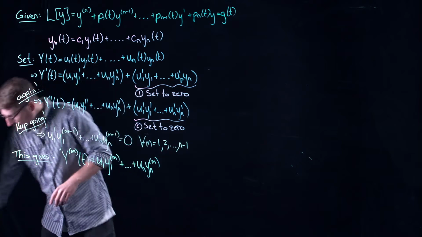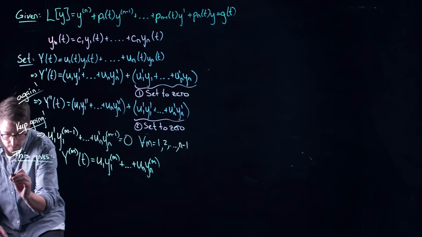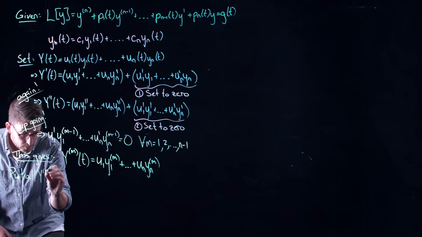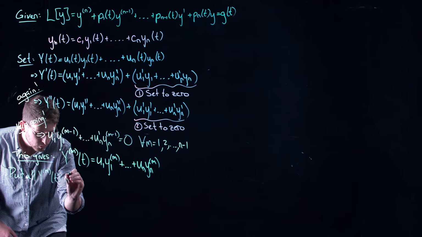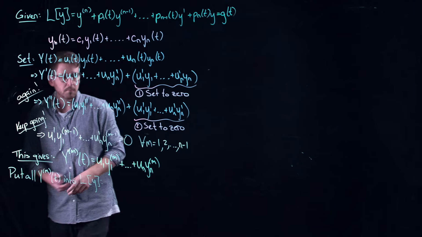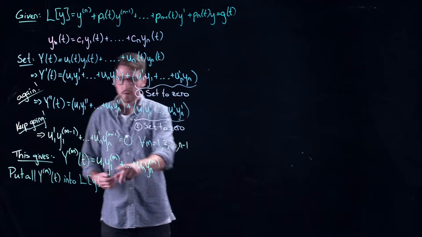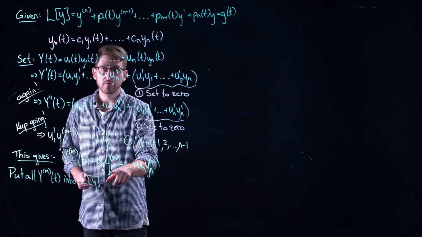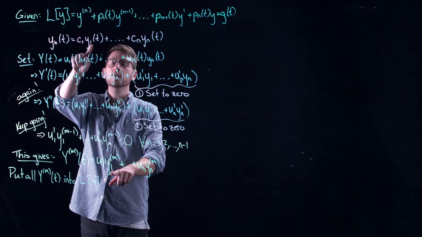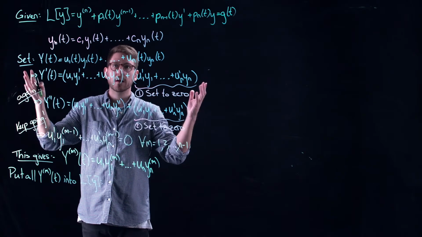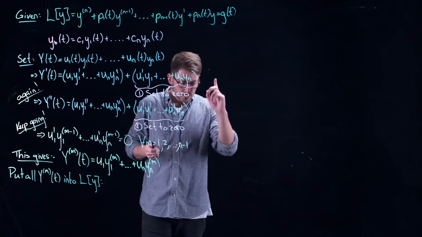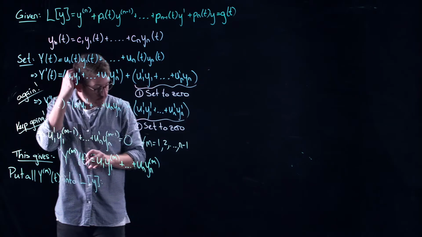So I'm going to do something: you put all of these, so put all ym of t into L of y. Basically what you get is a u1 times every single derivative of y1. But since y1 is a solution of the homogeneous equation, poof, that disappears, right? You factor out the u1 and you get L of y1 equal to 0. So what are you left with after doing all of this?